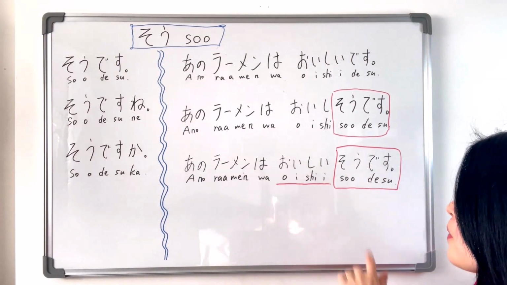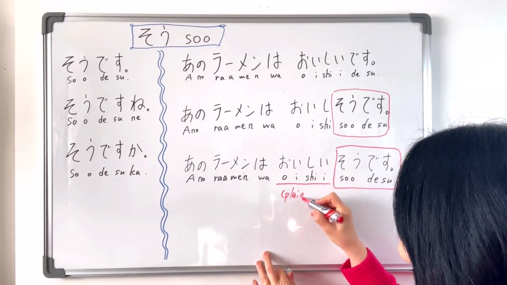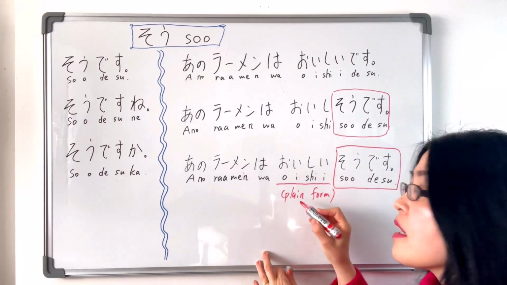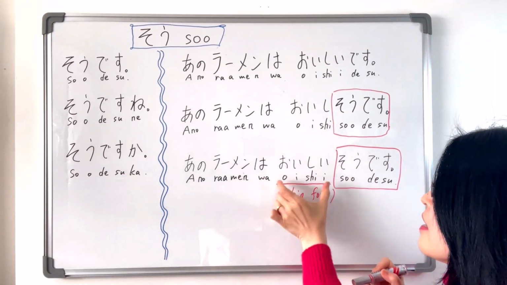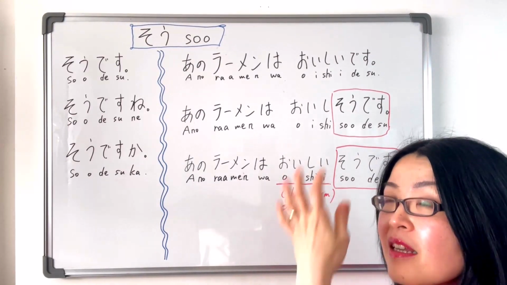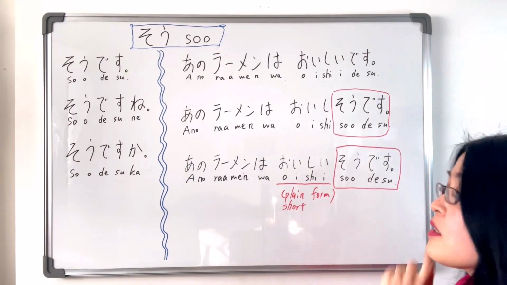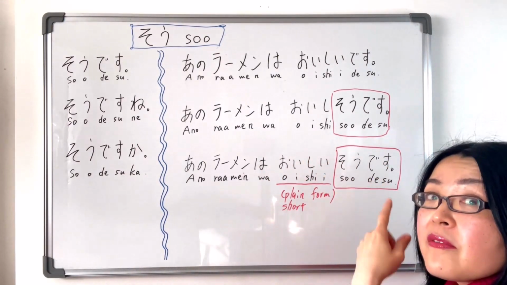This part is the plain form. If you use another textbook, maybe you've seen it called the short form. So for the い-adjective 美味しいです, delete です, and then 美味しい as a plain form, and then add そうです. This そうです means I've heard that.